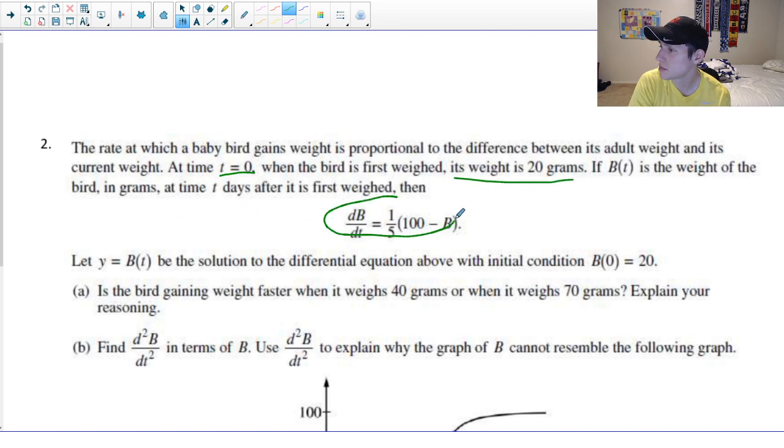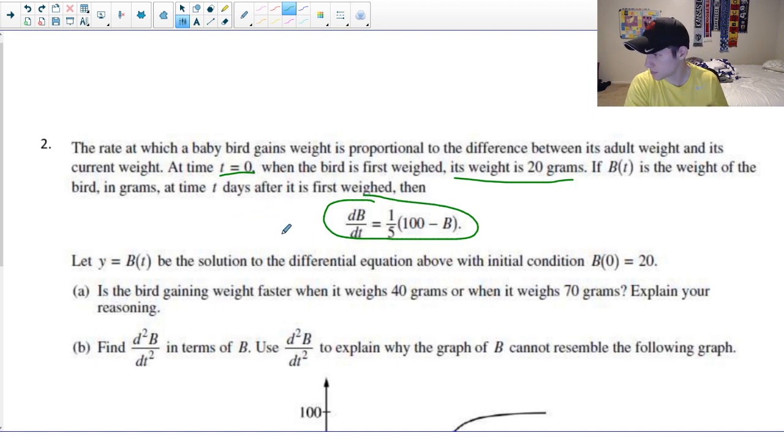We have this model of the rate, dB/dt. Let y equals B of t be the solution to the differential equation with the initial condition. So again, we already told this, but the initial condition, if we plug in 0, we get 20.